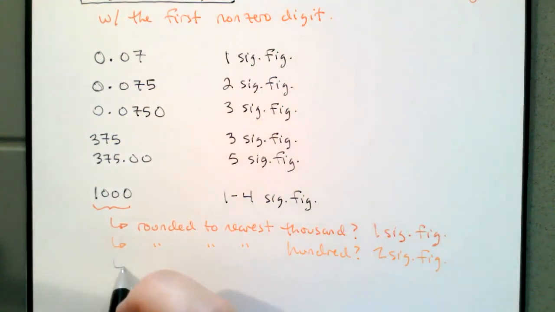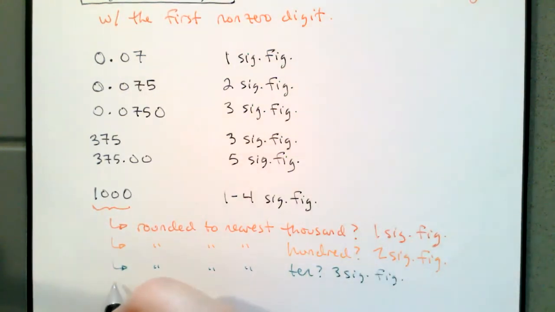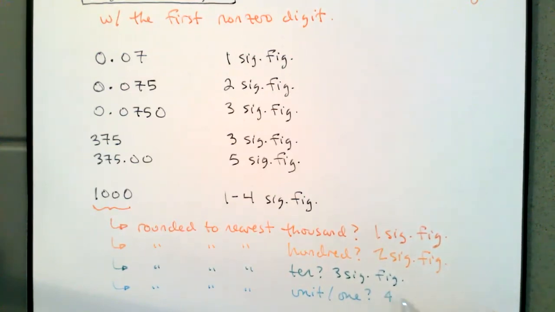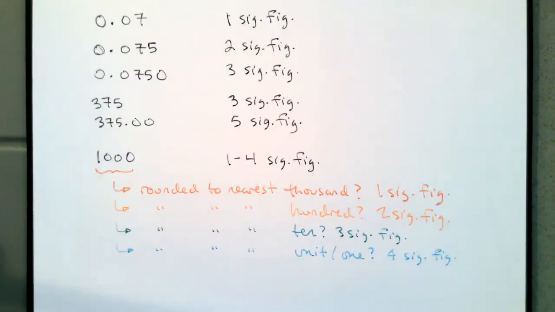If this has been rounded to the nearest 10, then we would say there are 3 significant figures. And if it's been rounded to the nearest unit, or the nearest 1, we could say that there are 4 significant figures. But just looking at the number, we can't tell. We have to know where the number came from. So a little bit iffy.